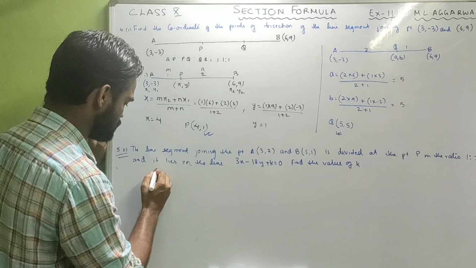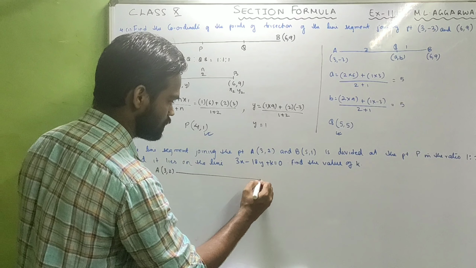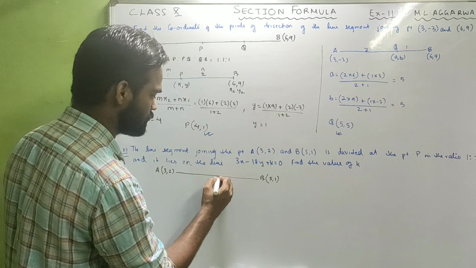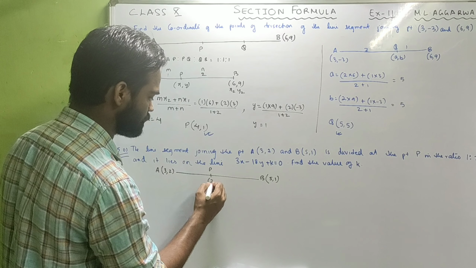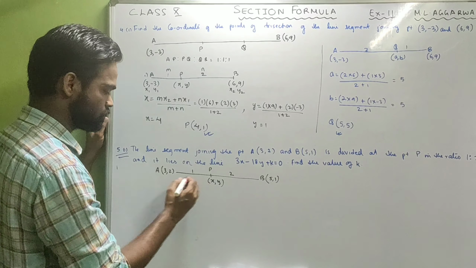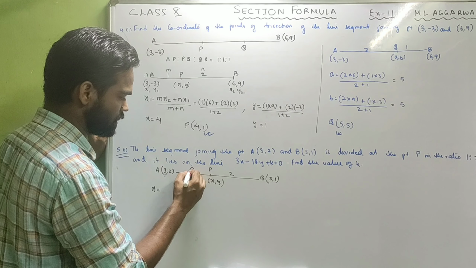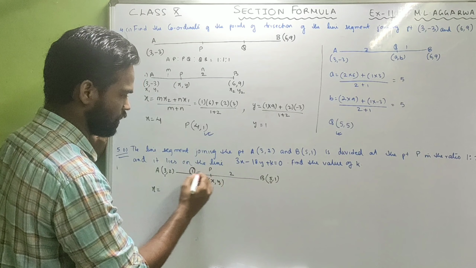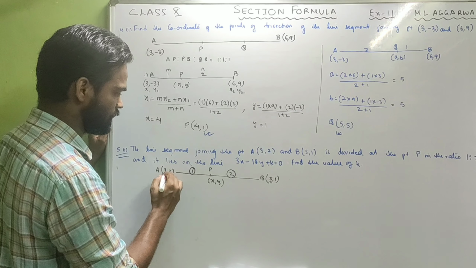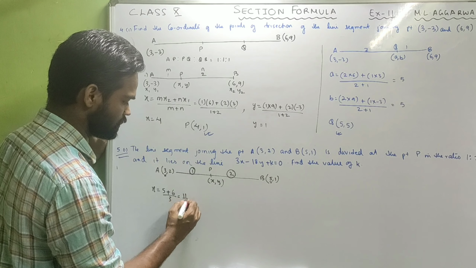Look over here, this is your A (3, 2). This is your B, which is (5, 1), and this is our P, suppose (x, y), in the ratio 1 is to 2. They have told. So what is x? m x2, which means 1 times 5 is 5, plus n x1, that's 2 threes are 6, by m plus n, that's 3, 11 by 3.